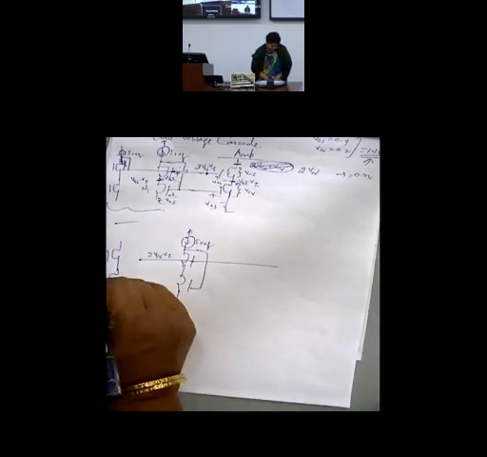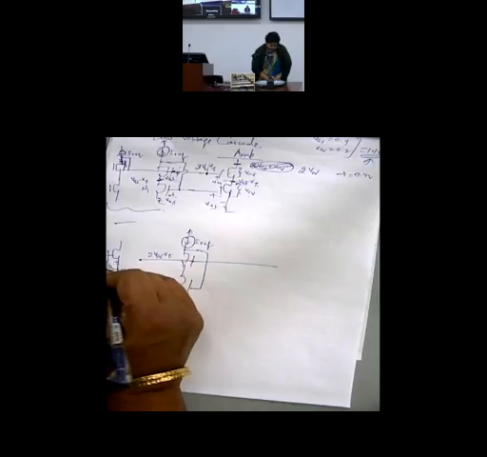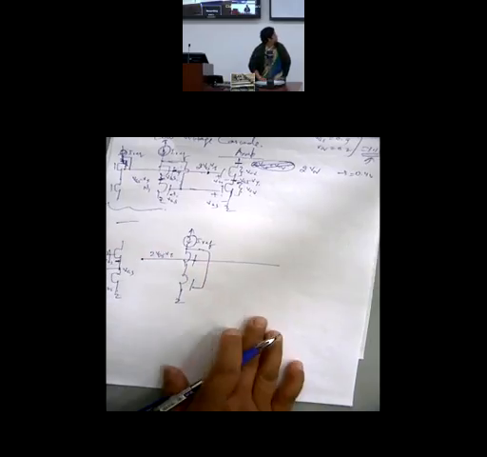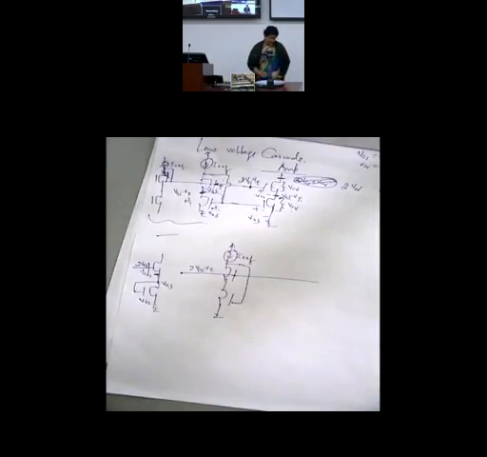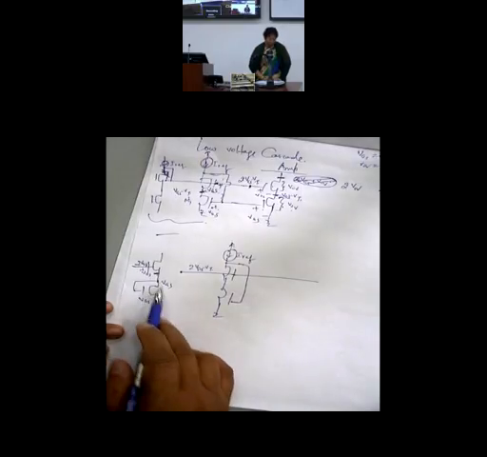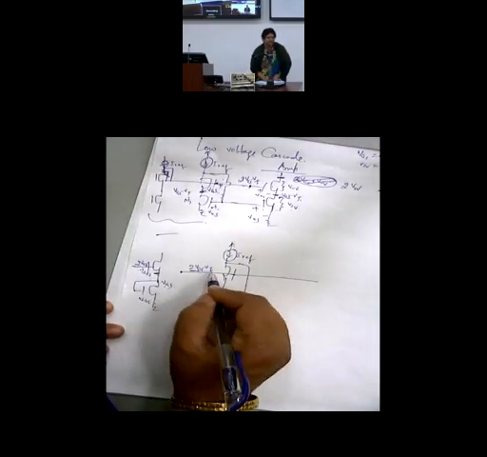Okay, so I can put this. So this comes to VGS. This is VGS. So this comes to 2 VGS. Diode connection VGS plus 1 VGS, 2 VGS. I need a potential 2 VGS minus VT.